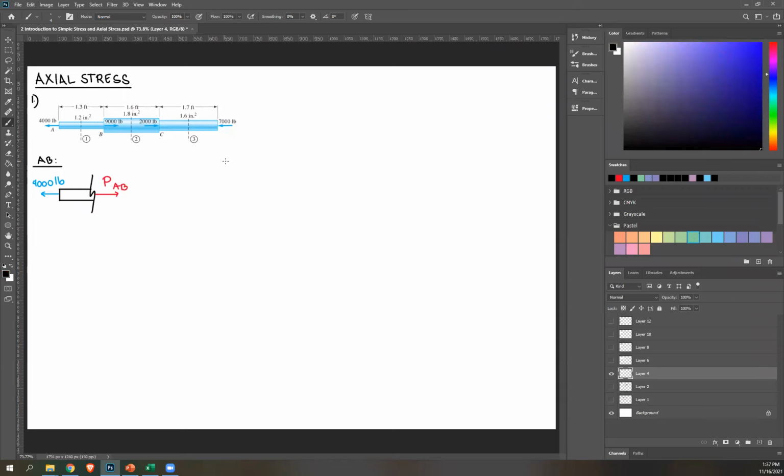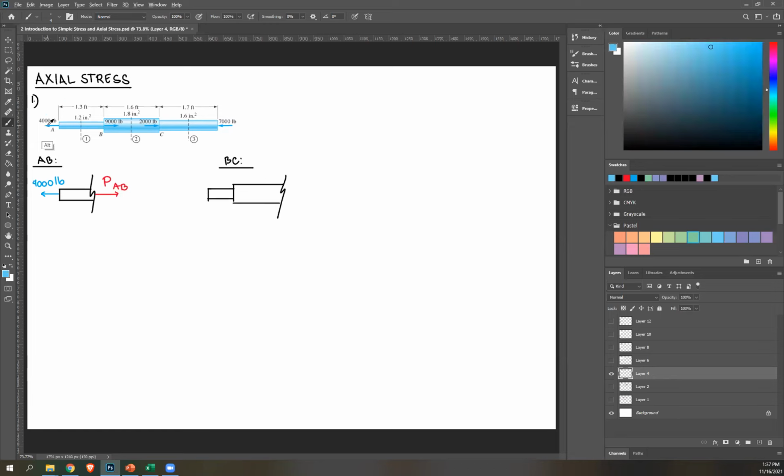Now let's do the same for the rest of these segments. Let's now move on to BC. Again, cutting here, and then you can isolate either the left or right side, up to you. I'm going to isolate the left side. So once again, let's make a basic drawing of that. And then we have your smaller segment over here. And then don't forget, once again, applied loads.